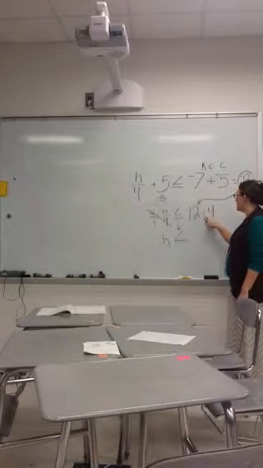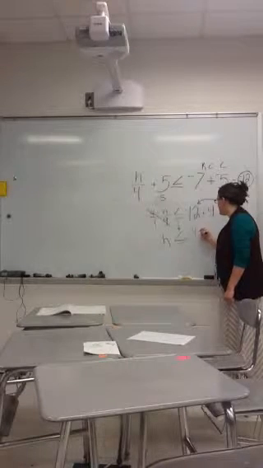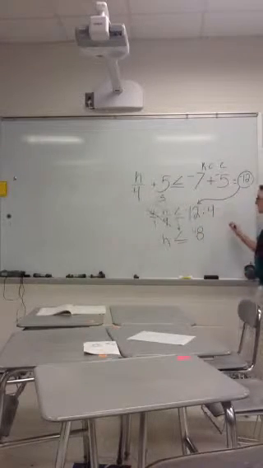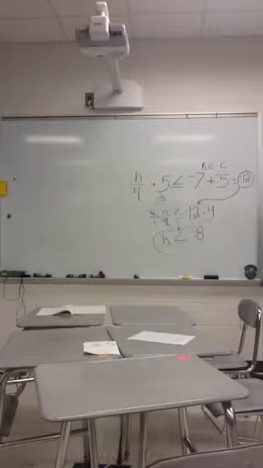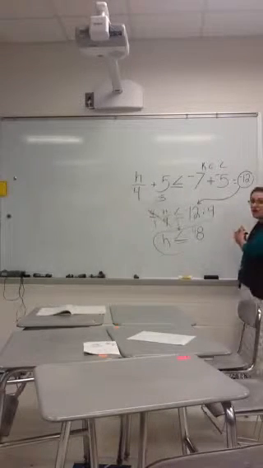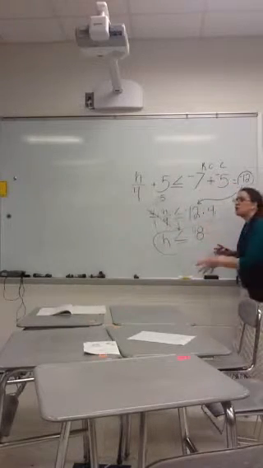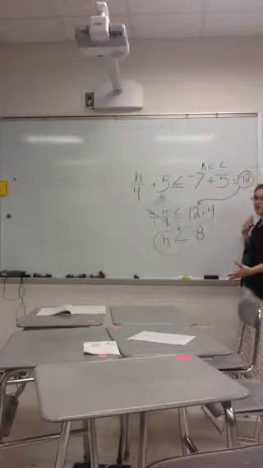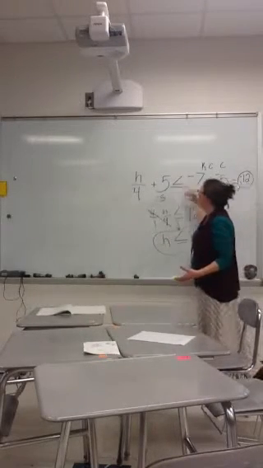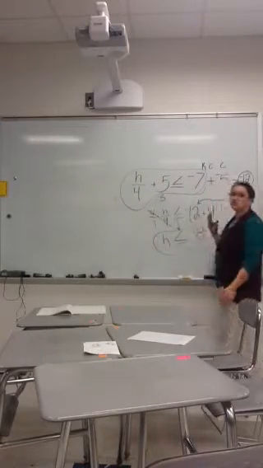Negative 12 times 4 equals negative 48. So h must be less than or equal to negative 48, which means anything below negative 48, like negative 50, negative 48.2, is a correct answer. But anytime you go above negative 48 would not make the original inequality statement true.